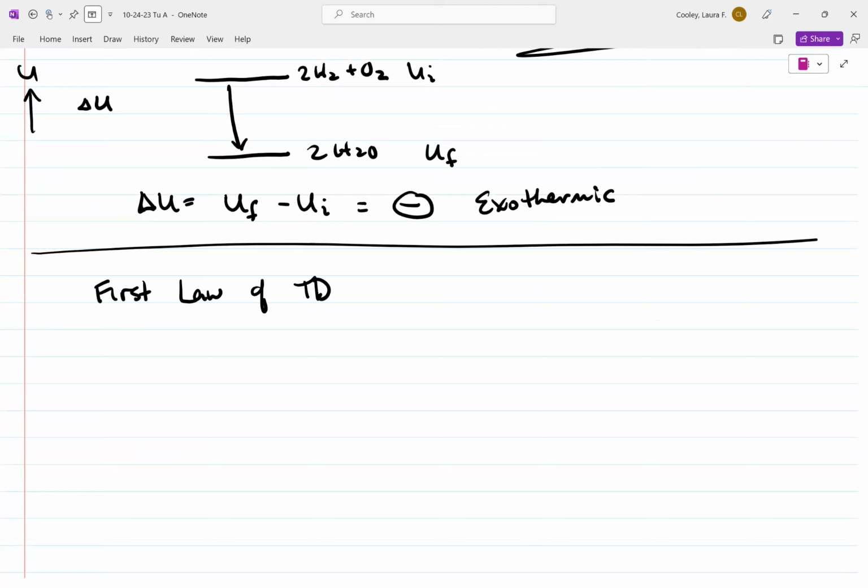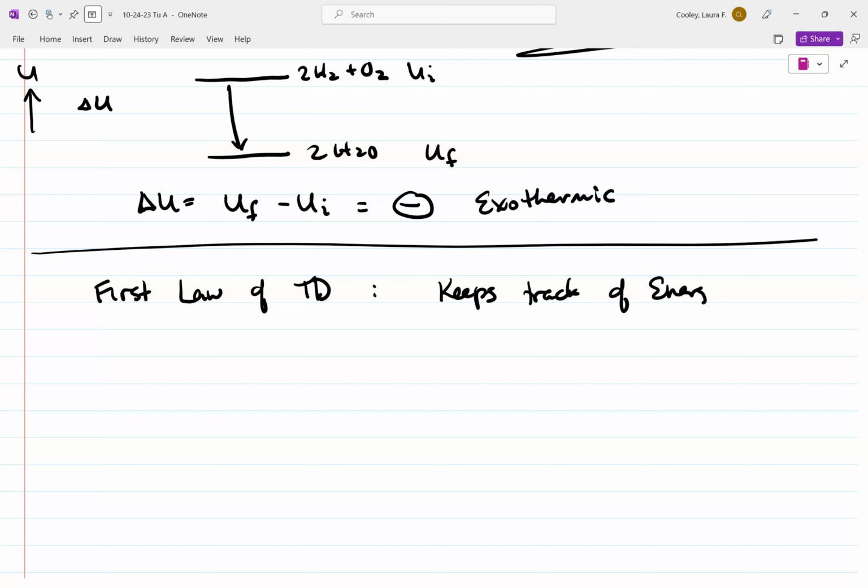Okay, and this brings us to what is known as the first law of thermodynamics. What the first law does is it gives us a way of keeping track of the energy changes in a reacting system. When you have a chemical reaction and a change in internal energy, it tells you where that energy goes, because energy cannot be created or destroyed.